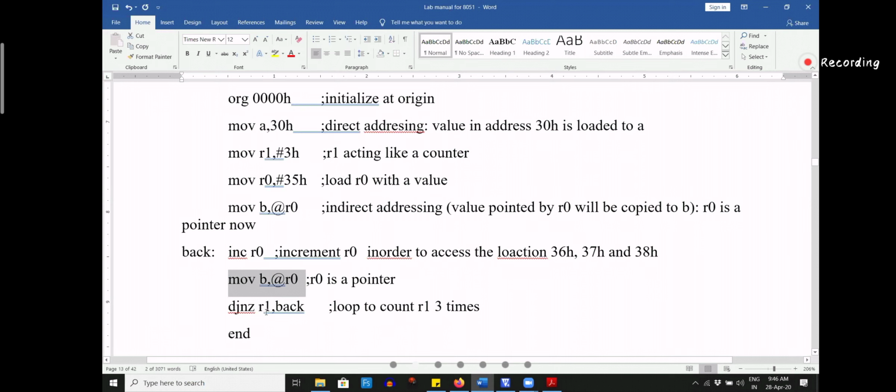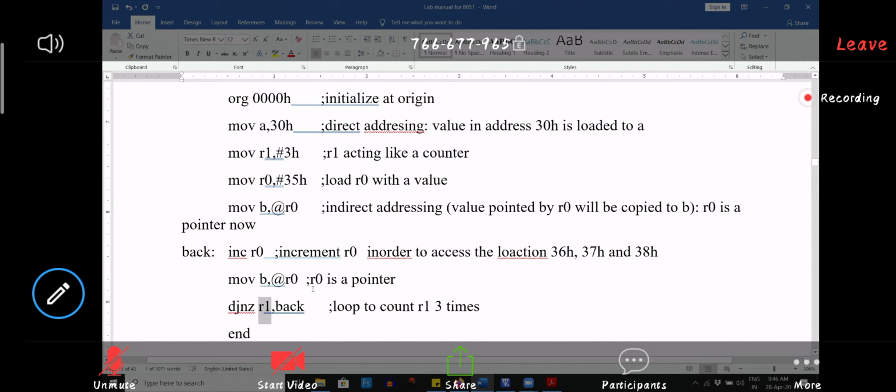Now DJNZ R1, back. What will be R0 during this time? What will be R1?